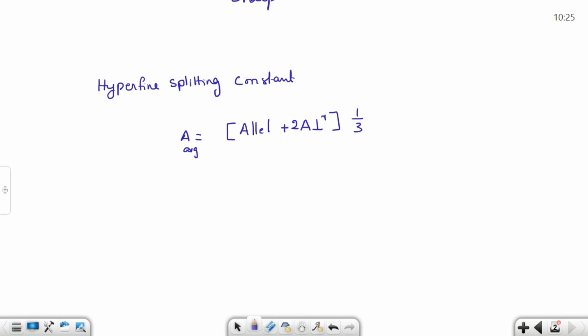This is the value of the average hyperfine splitting constant. By using this equation you can calculate the average hyperfine splitting constant value. So friends, this is today's class. Thank you.